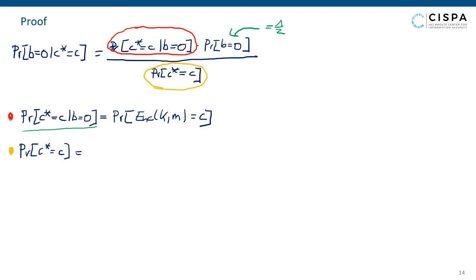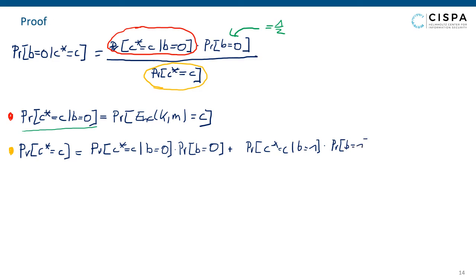So let's apply the law of total probability over the outcomes of the challenge bit B. So this is the same as the probability C star equals C conditioned on B equals 0 times the probability B equals 0, plus the probability C star equals C conditioned on B equals 1 times the probability B equals 1.